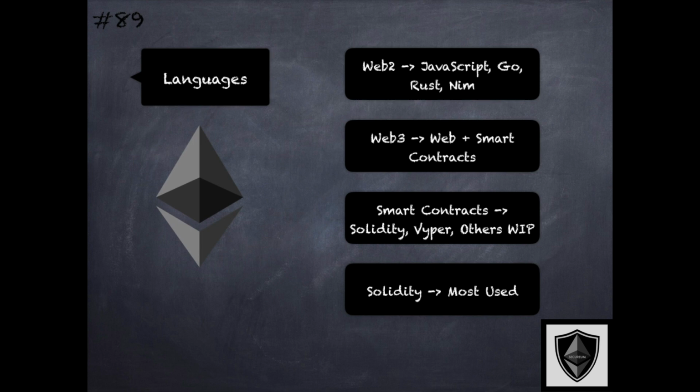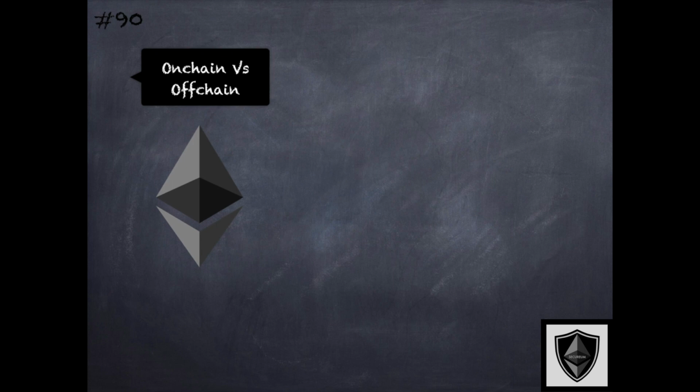And all these smart contract languages were created specifically for Web3 and specifically for Ethereum in this case, right? So the security features of those languages have huge implications to the security of the smart contracts and the applications that are built on top of it, as you can imagine.